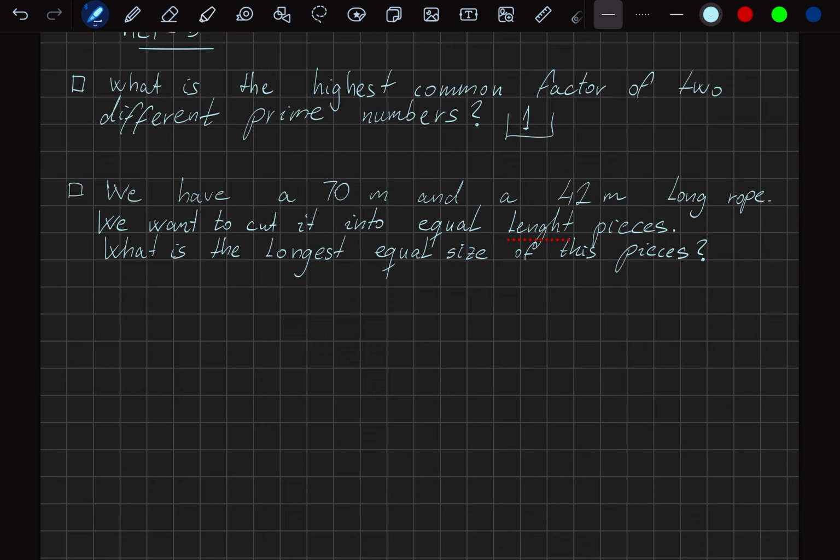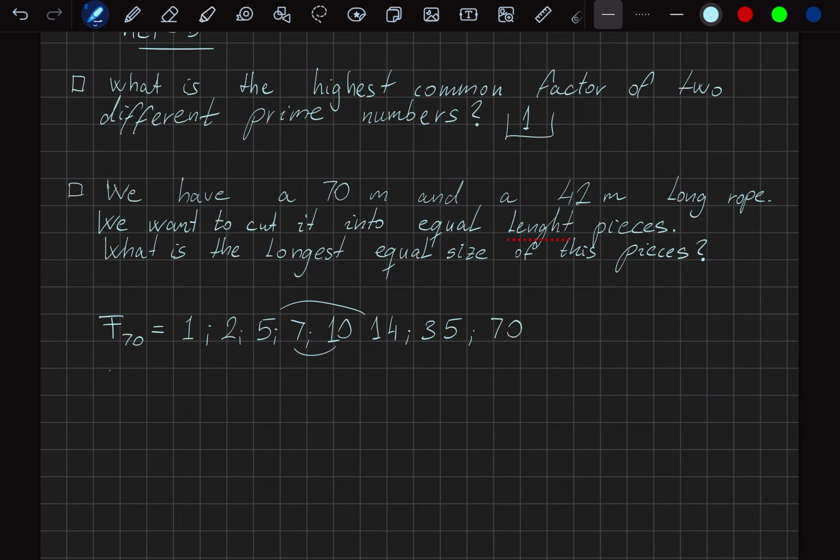Okay, so factors of 70, I will use the same method. So 1, 2, 3, 4, 5, 6, 7, 8, 9, 10. Okay, so 7 times 10, 5 times 14, yes, 2 times 35, and 1 times 70.